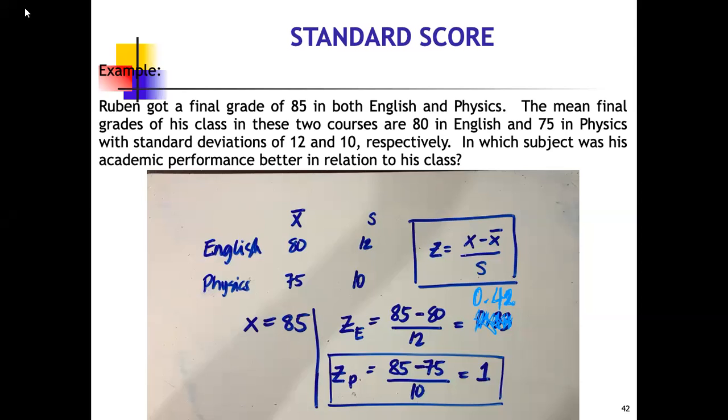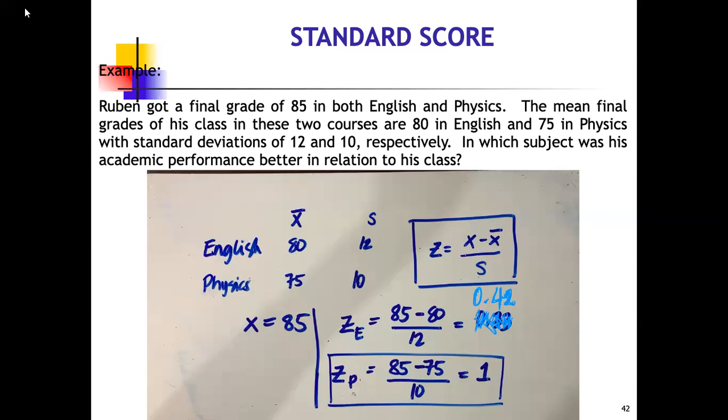Even though his actual grade in physics is lower than in English, which is 75. Sorry, let me correct that. His grades in physics and in English are both equal to 85.